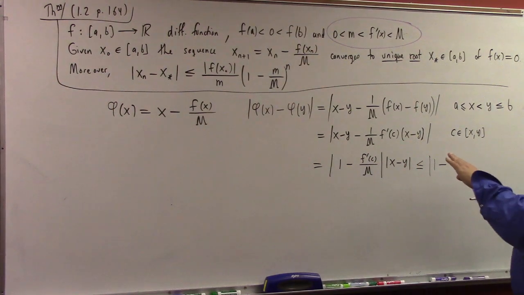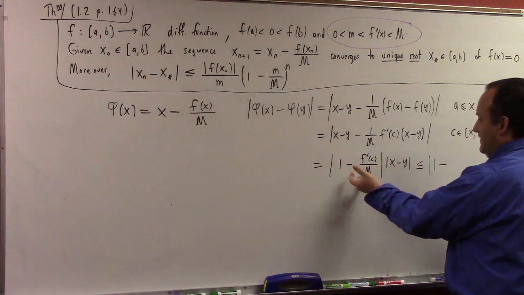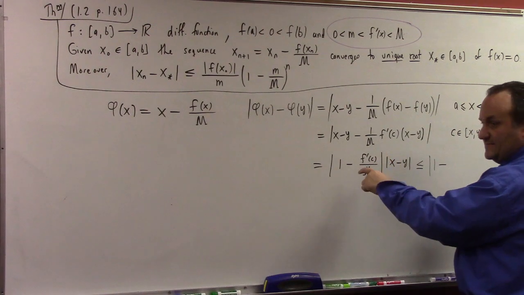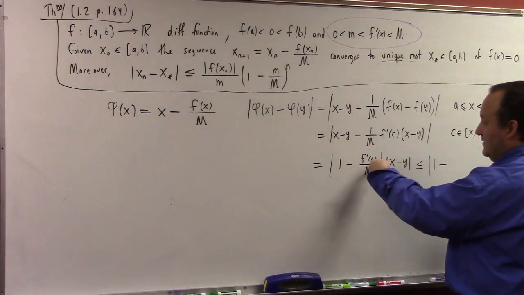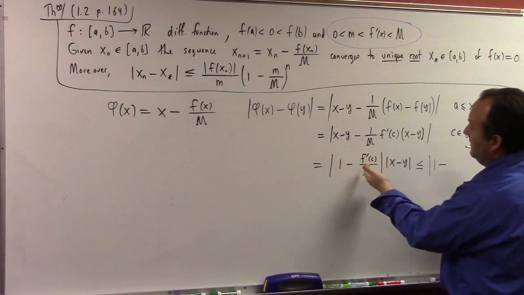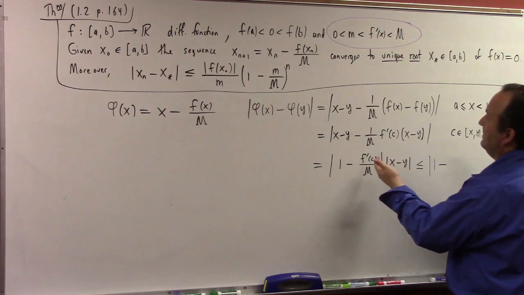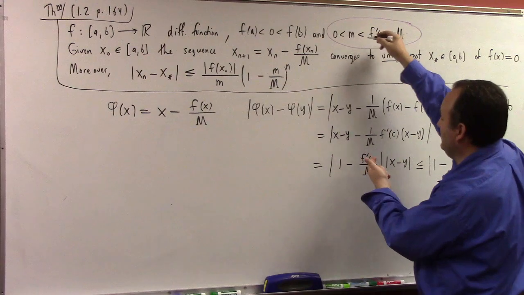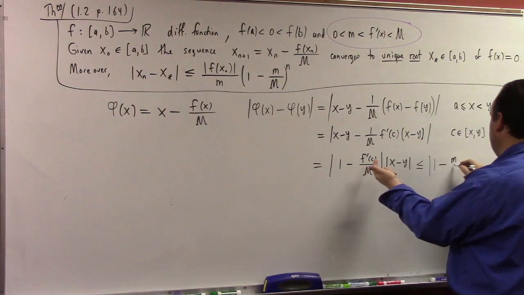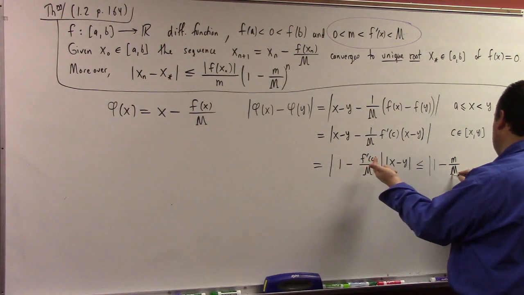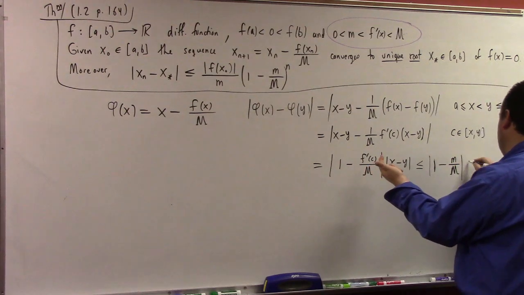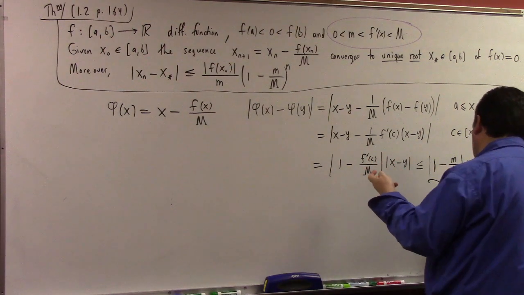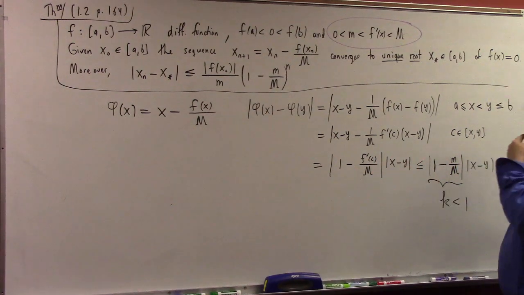I want to make this as big as possible, so I subtract the smallest thing possible. What's the smallest f prime of c can be? It's actually smaller than f prime, and see the strict inequality here? So I just replace that with an m, little m. Does that make sense logically? Okay, and there you have it. This is your k less than 1.